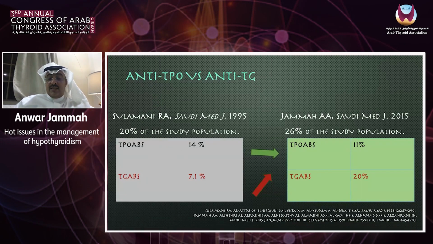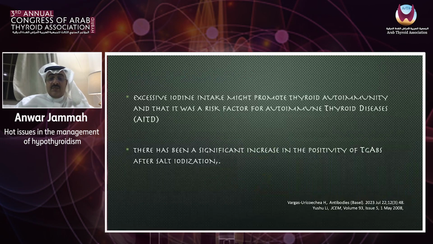And it is good that the population still has almost the similar percentage of anti-TPO. So excessive iodine intake promotes thyroid autoimmunity and increases the positivity of thyroid antibodies, especially the TG antibodies.